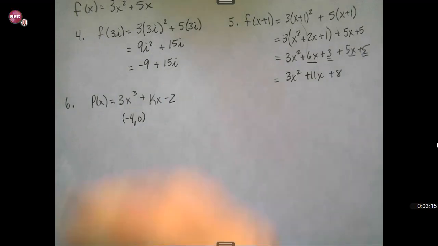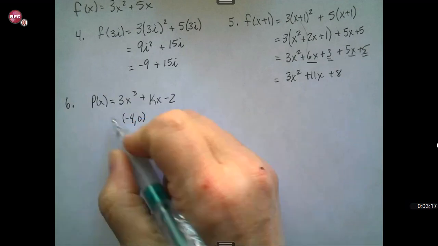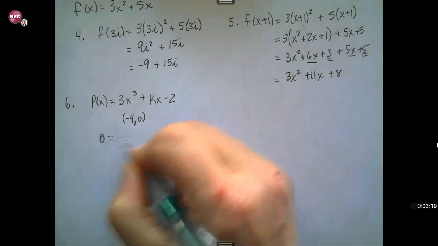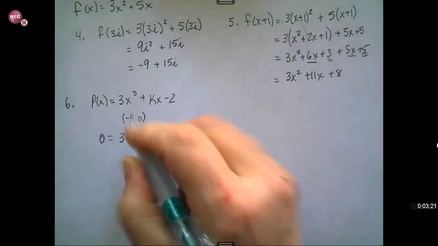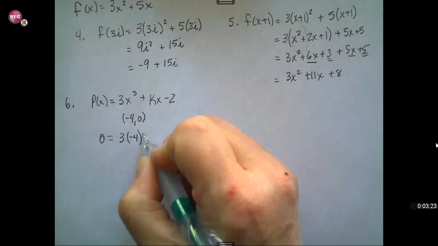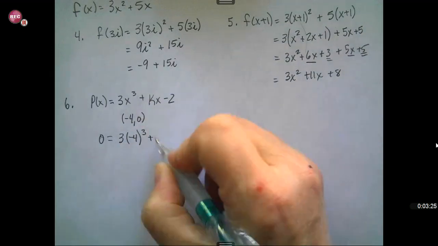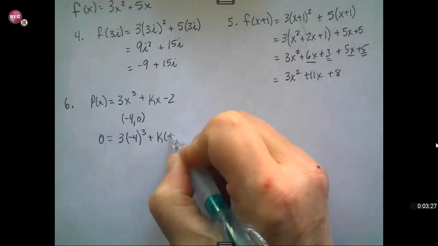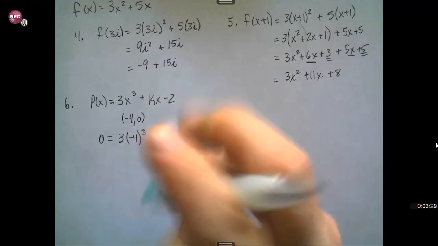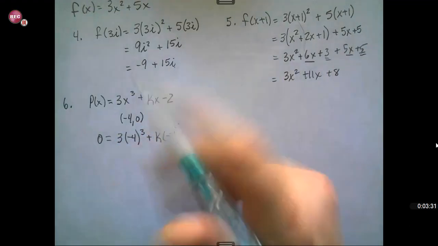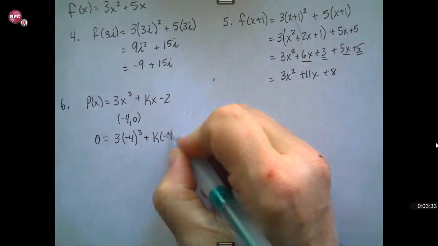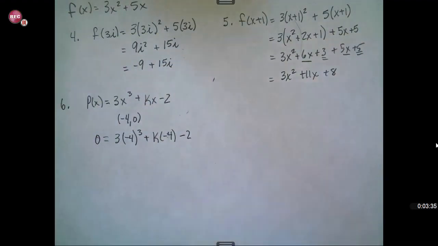So what I can do is let y, or P of x, be 0, and let x be negative 4, and solve that equation for k.